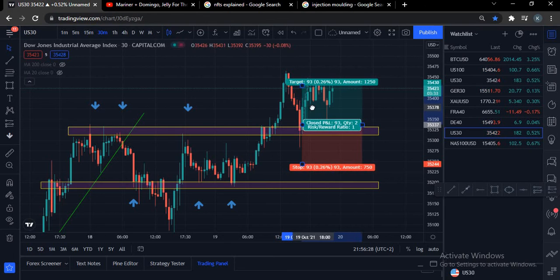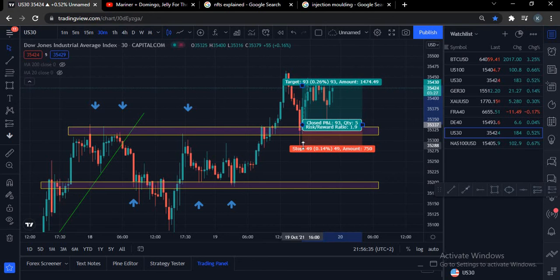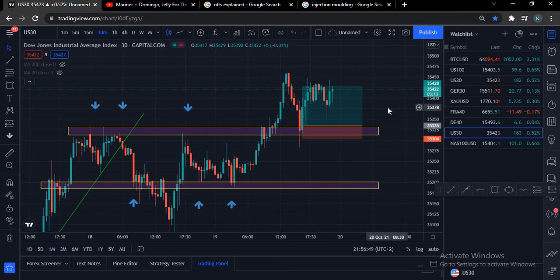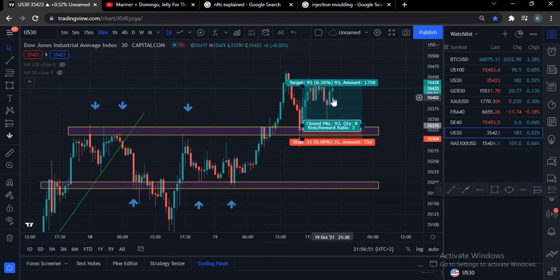You play to your own risk and reward scenario, right? So for me personally, I'd just enter outside there because I don't like risking a lot. So now here at least we got a 3-to-1 risk to reward ratio, and you can see that it played out perfectly with all the checklists here.